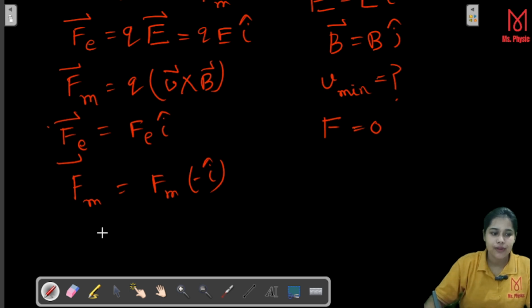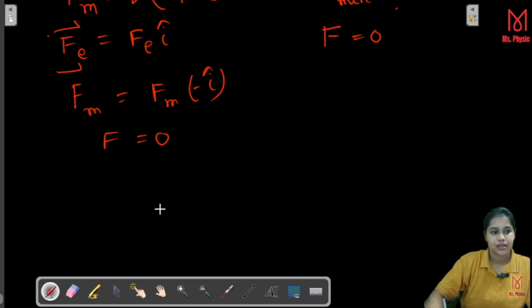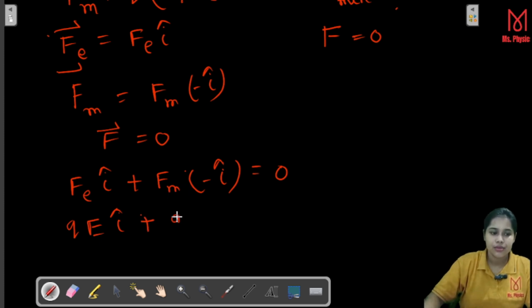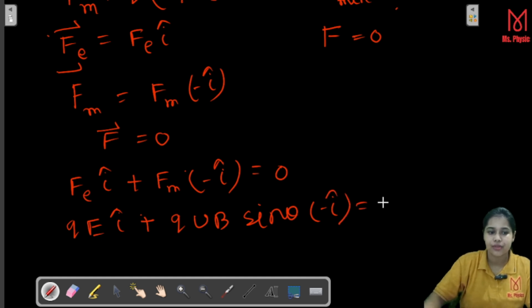Okay. So therefore, what I can write, since F is equals to 0, therefore we can write it as Fe i cap plus Fm minus i cap is equal to 0. Now you put the values of them. What is Fe? Q E i cap plus, ठीक है, Fm Q V B sin theta minus i cap is equals to 0.